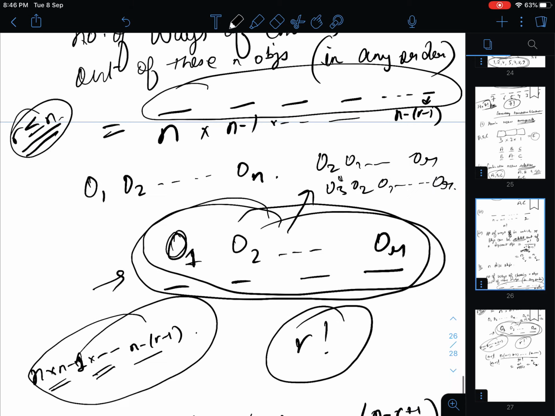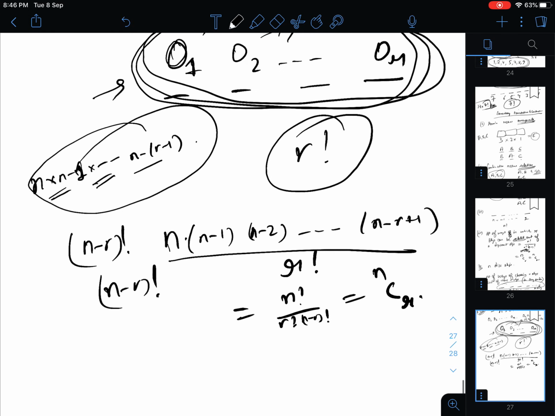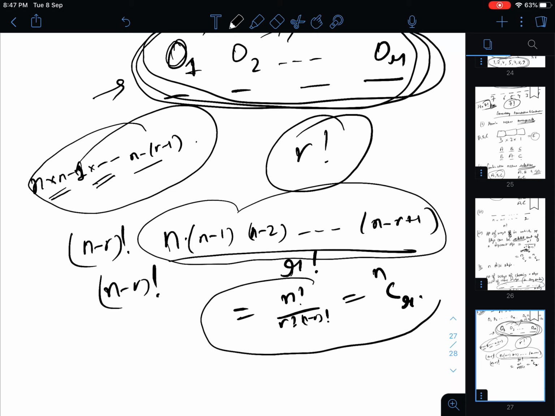So in how many ways is this particular arrangement occurring? It is occurring in R factorial ways. Okay, so that's why we divide the total number of arrangements by R factorial, because each arrangement is repeated R factorial times. So this will give you the number of selections, because selection does not require any kind of ordering. All right.